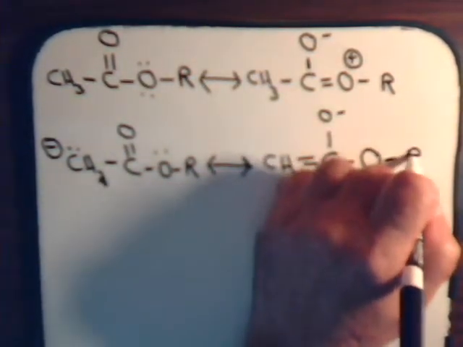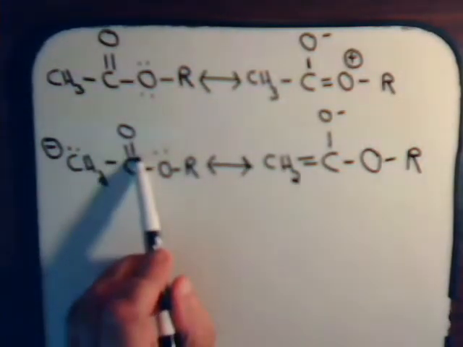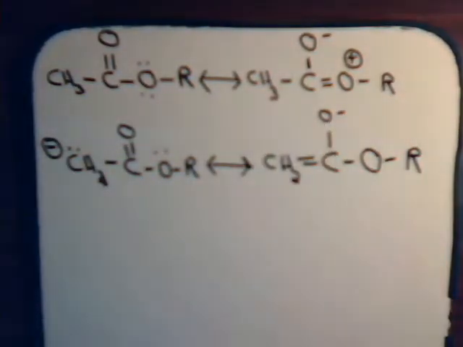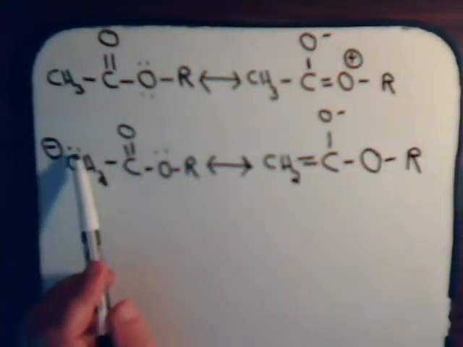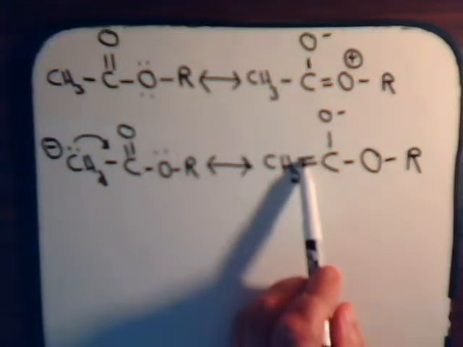Again, the oxygen keeps both pi electrons, giving it a negative charge, leaving the carbon with an empty p orbital, but this now has a lone pair of pi electrons to make the double bond.